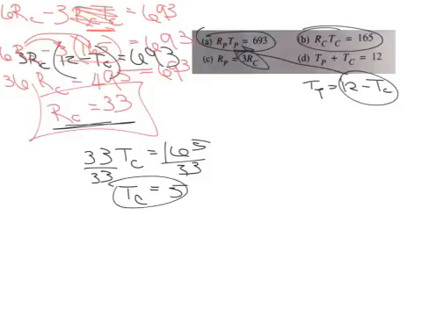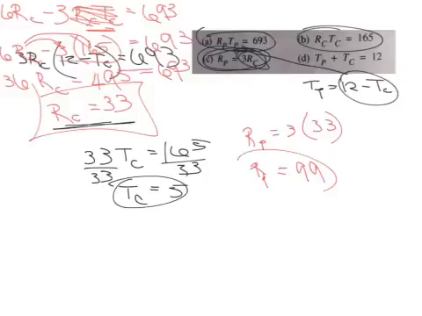So now I have 2 variables, TC and RC. Then I'm going to also take this here and write it as RP equals 3 RC. What's RC? 33. So my RP then equals 99. So I've got a third one.